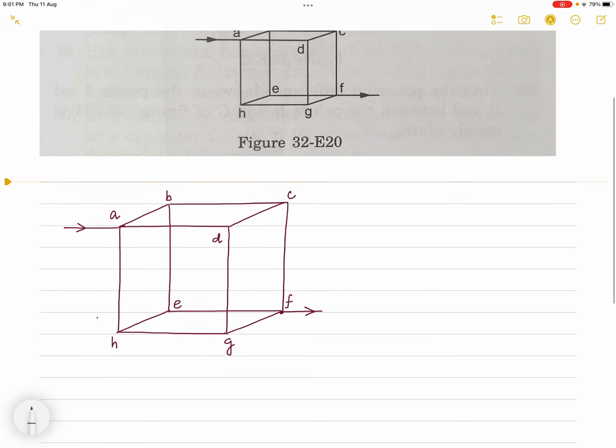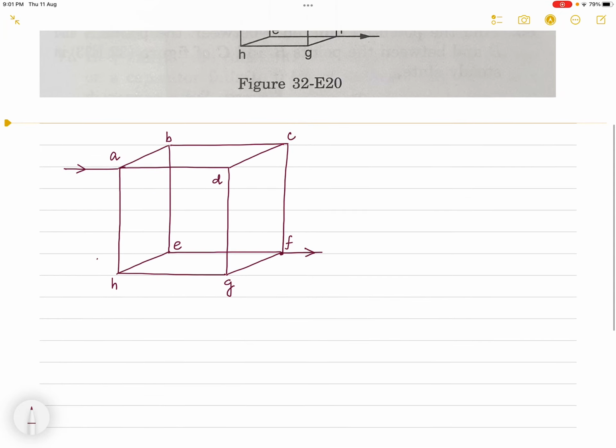So here I have drawn the figure once again and we will work through the figure now. First of all, in order to understand how the current flow takes place through the circuit, let us connect a battery. It gives us a visual idea as to how the current is moving through the circuit.